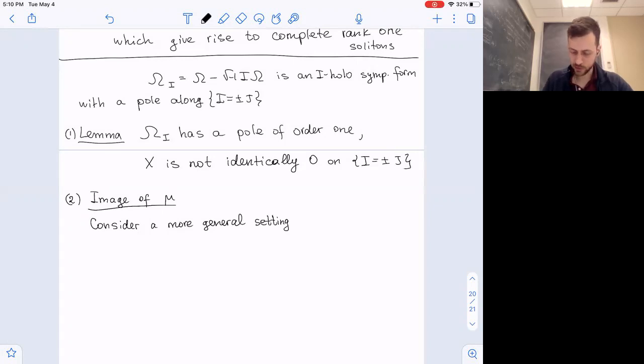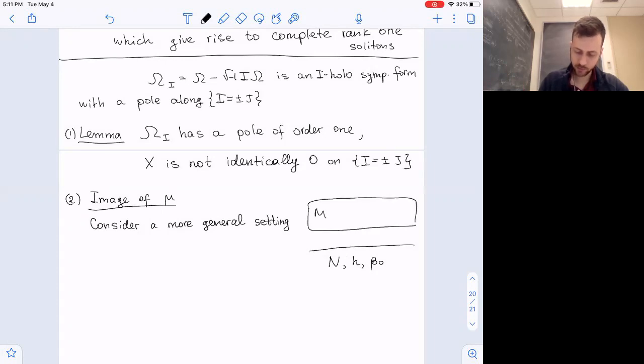So let's assume that we have a base manifold, maybe N, and we have a metric H, and a 2-form beta 0. So they're not related to any angle function or anything like this. So this is just a metric and then a 2-form. And you have a principal bundle over it.